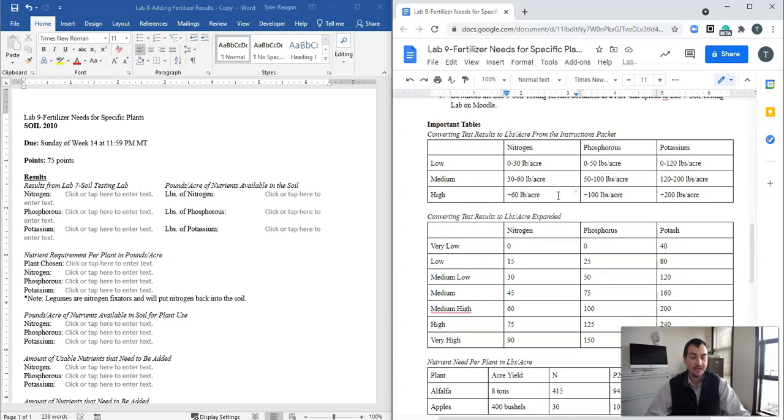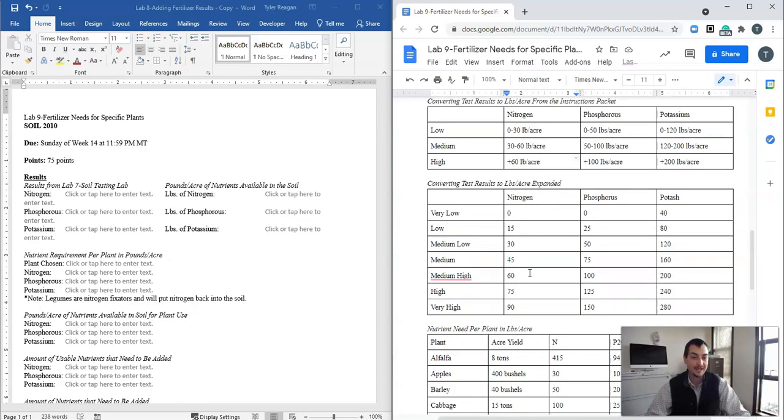Basically I expanded it and ran some averages. So this is the table that we are going to be using when calculating how many pounds per acre we have of some of these nutrients already in the soil.